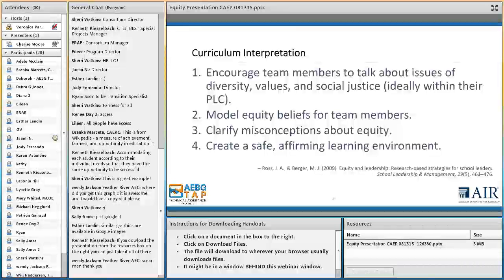Modeling equity beliefs for team members is another piece of this, and this means that our attitude as administrators is going to be visibly seen and is going to influence the beliefs and practices of those around us. And so we're daily modeling our beliefs, attitudes, we're daily practicing through every interaction that we have with staff members, students, whoever it might be.